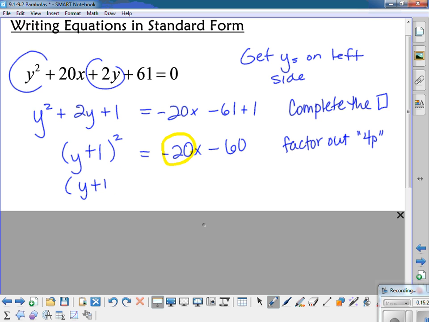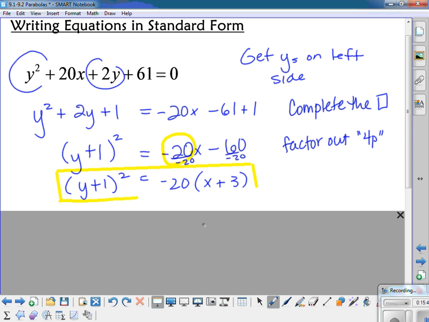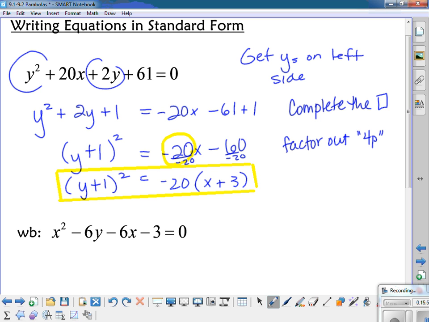So I've got y plus 1 squared equals negative 20 times x plus 3, because we're dividing them both by negative 20. That's how we end up with the plus 3. So your final answer is y plus 1, the quantity squared, equals negative 20 times x plus 3. And now we would be able to graph it and figure out where the vertex is and everything.